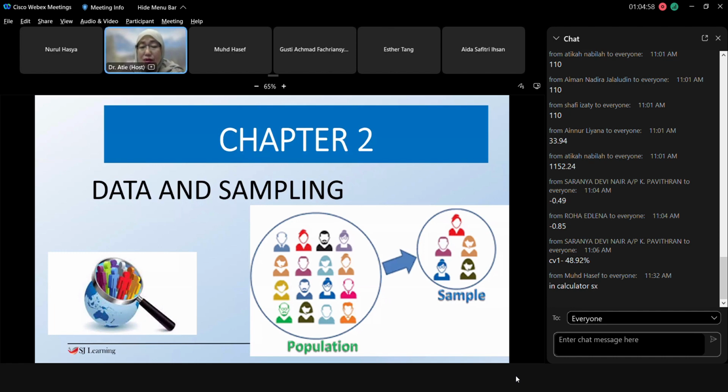So I only focus on some topics which I think are very important for you to know before you can proceed with your other chapters, all right? So chapter 2 is basically on data and also sampling.